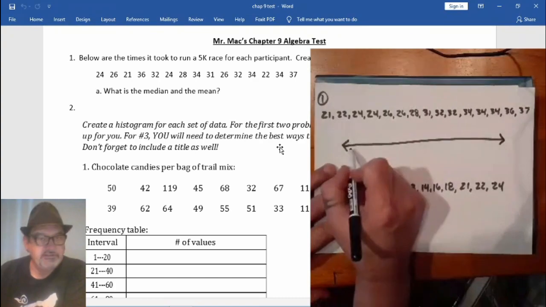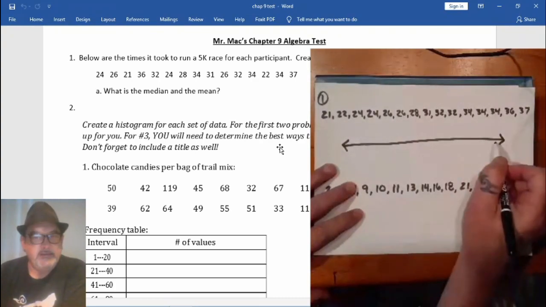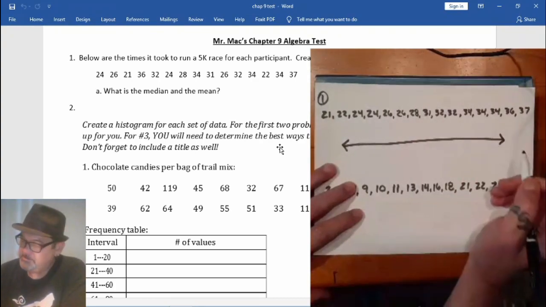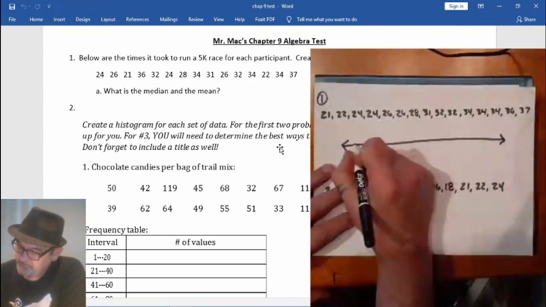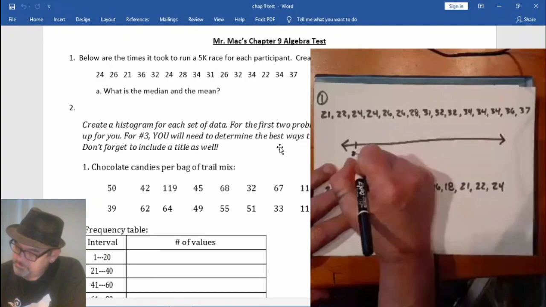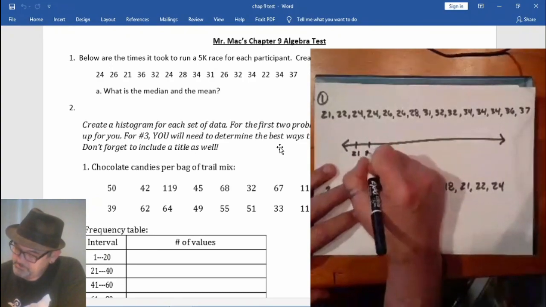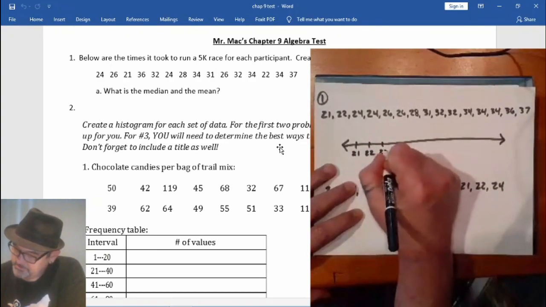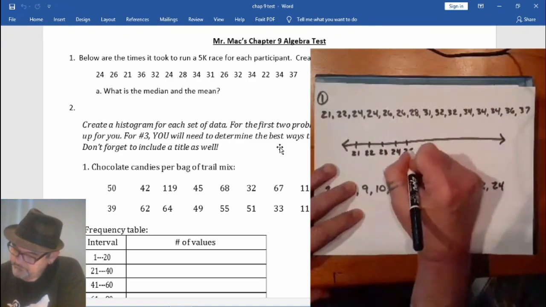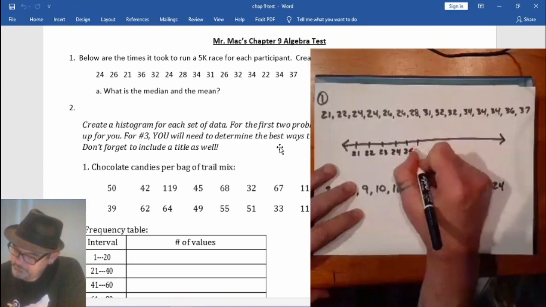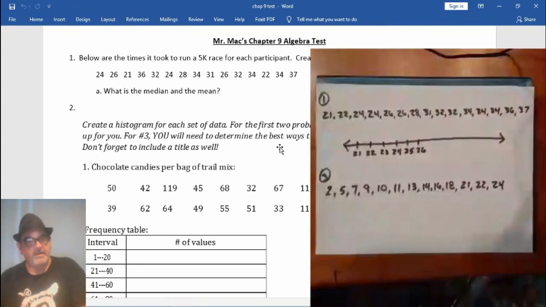You could start yours at 21 and then end it at 37 if you wanted to do that. But I'm just going to put in a couple of points here. I'm not doing all of it. So 21, 22, 23, 24, 25, 26. I'm just going to put in that for right now.